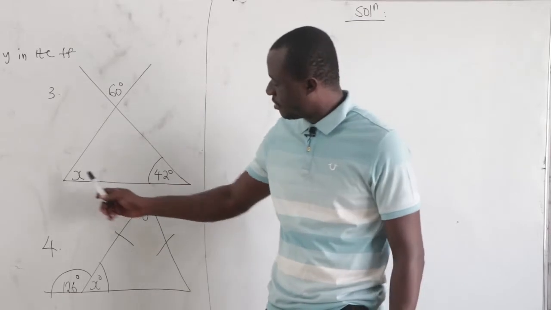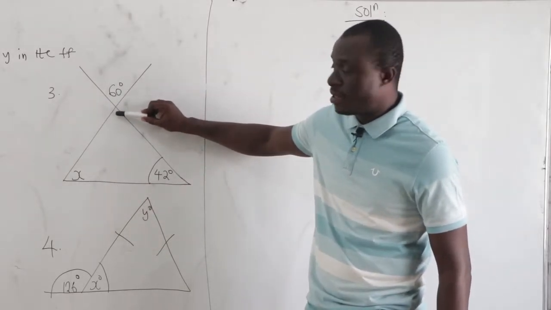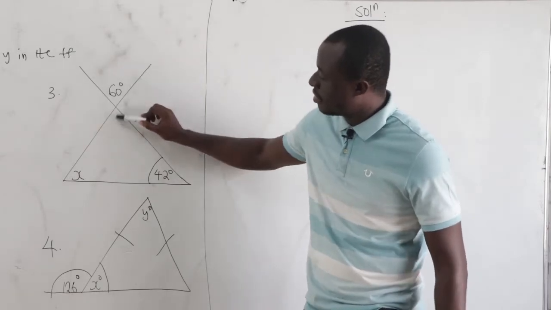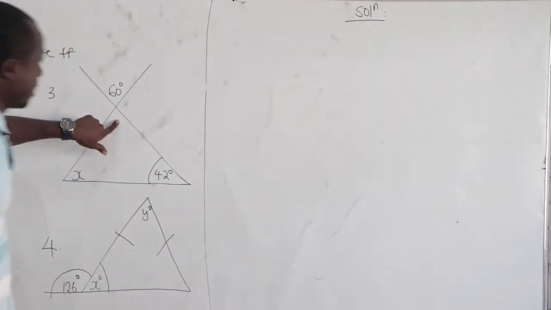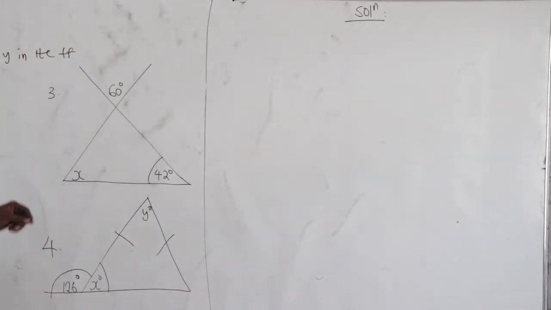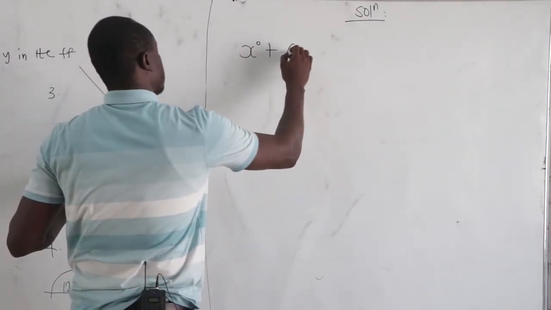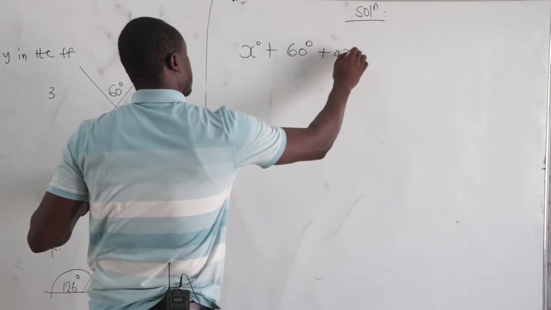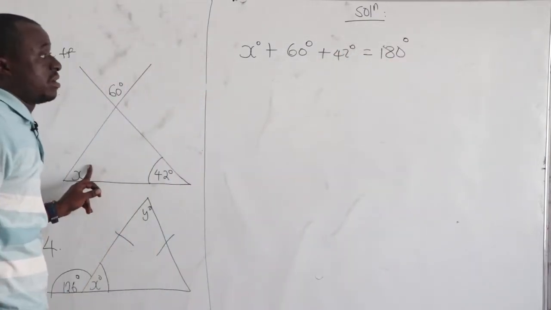So you have x degrees here, 42 degrees here. Now the angle here is vertically opposite to the angle here because this is a straight line, this is a straight line. So vertically opposite angles are equal, so clearly this side becomes 60 degrees. The sum of angles in the triangle is equal to 180. So you can say that x degrees plus 60 degrees plus 42 degrees equal to 180, the sum of angles in a triangle.